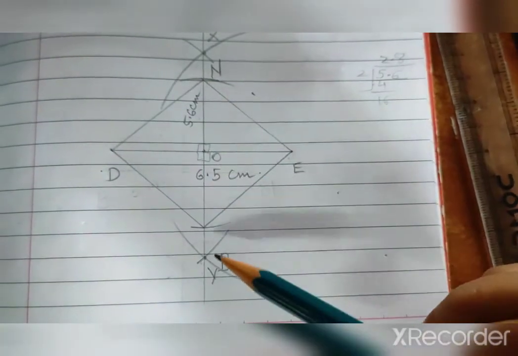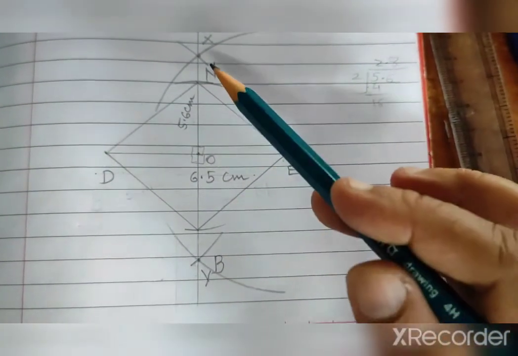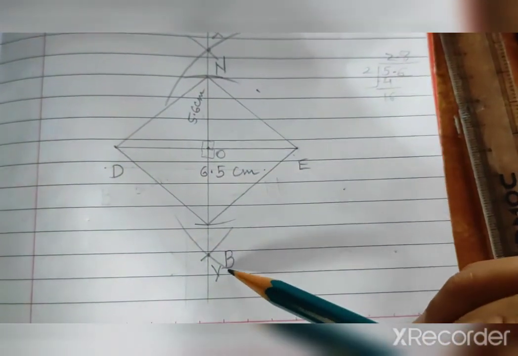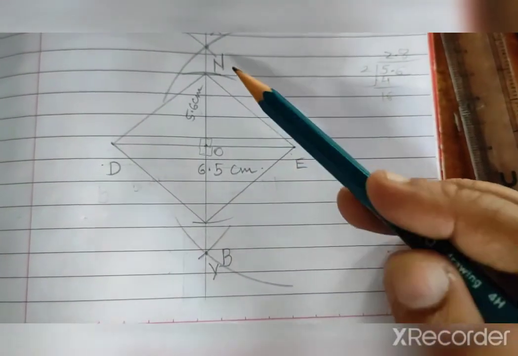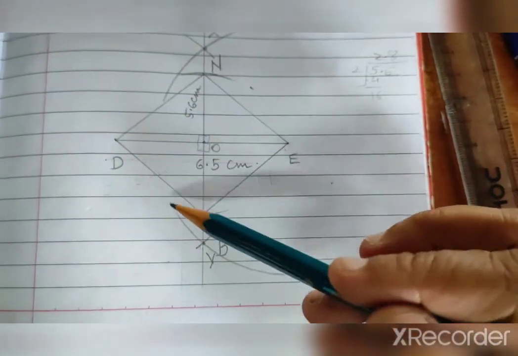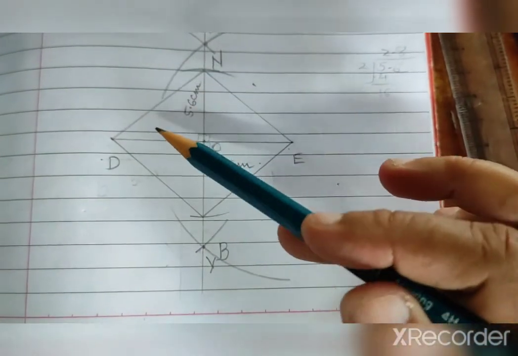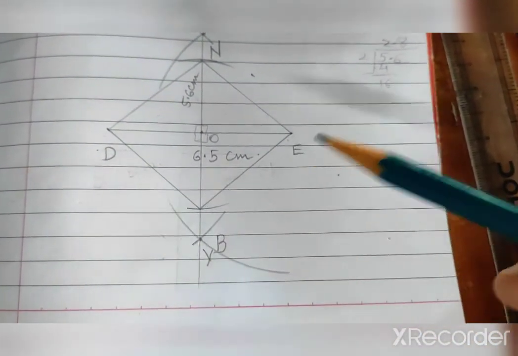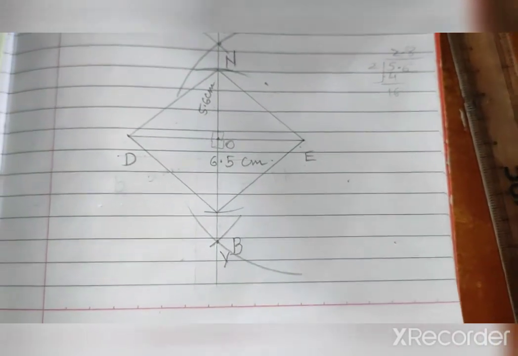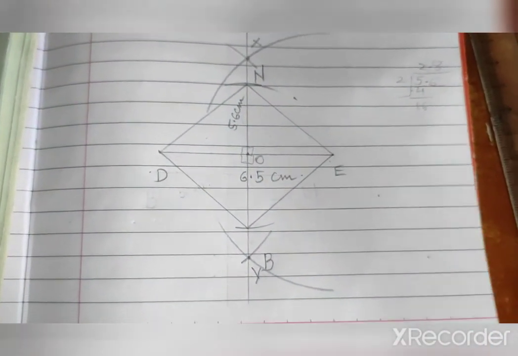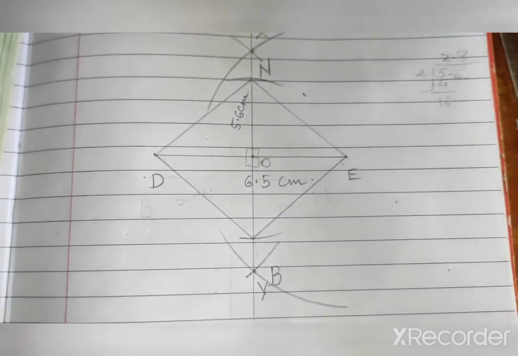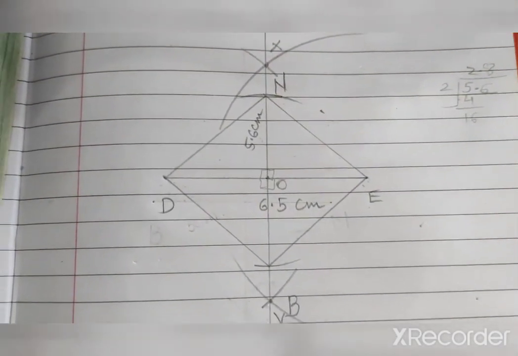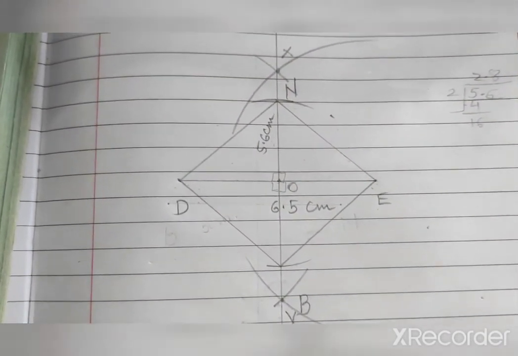The points' names are B and N. Now join B to D, B to E, E to N, N to D. So BEND is the required rhombus where dash dash dash dash dash. Okay, so 4.2 we have finished here. If you have any query, you can ask me in the group. Okay.